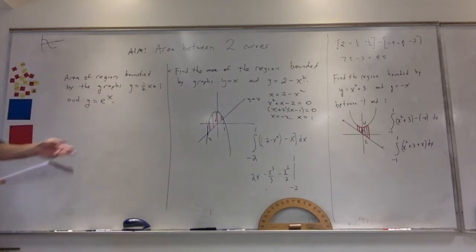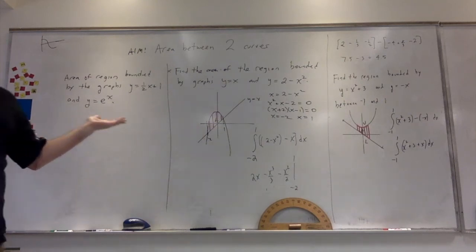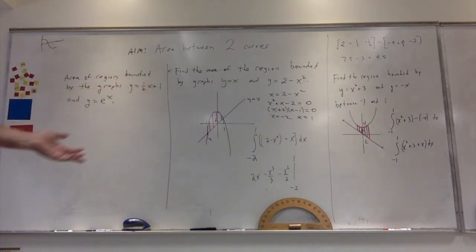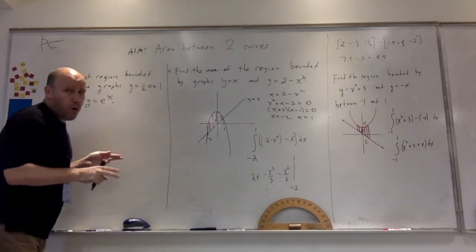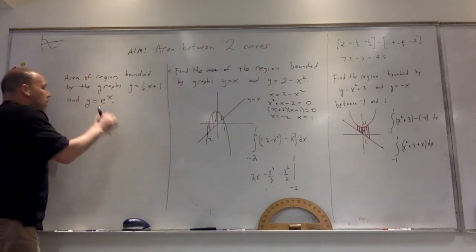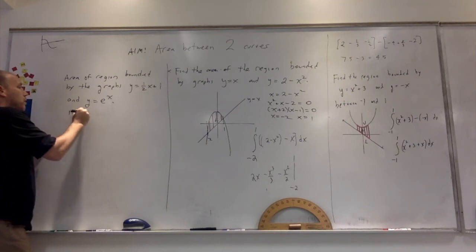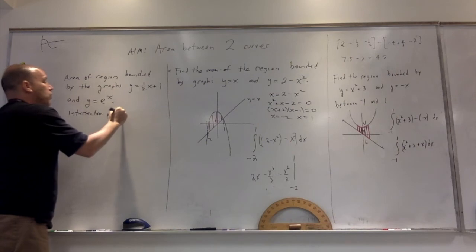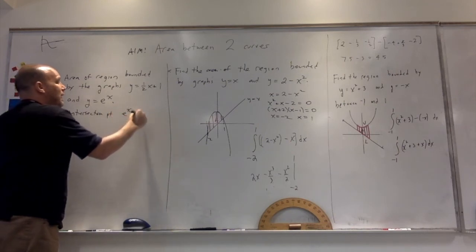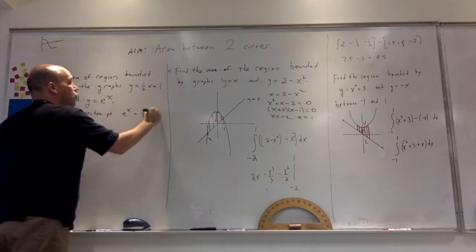First of all, I can make my graph, but you know that I'm going to be asking you to find the solution. You know that somewhere along the line, the intersection points are going to be found by the equation e to the x equals 1/2 x plus 1.